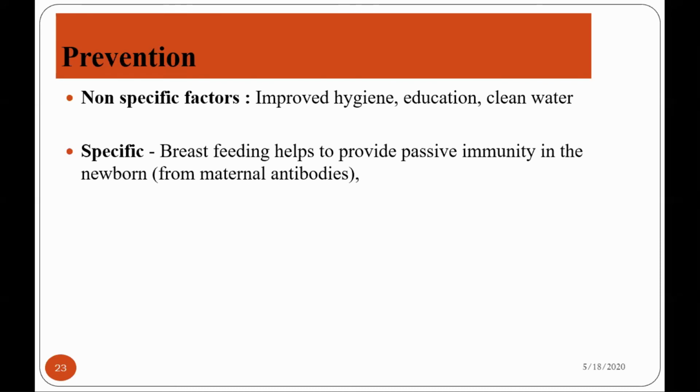The rotaviruses mainly attach to the intestinal villi of the small intestine. Lactadherin, a complex carbohydrate molecule present in the mother's milk, mimics the intestinal villi of the small intestine. As a result, the rotaviruses think that lactadherin is the villi of the small intestine.